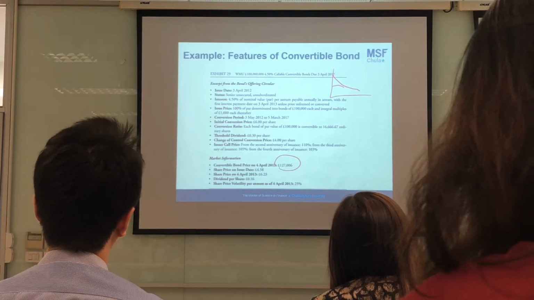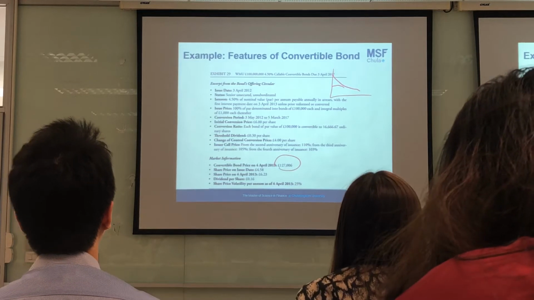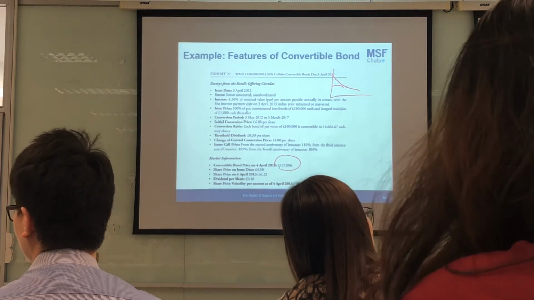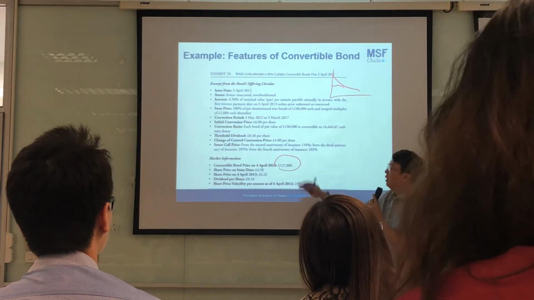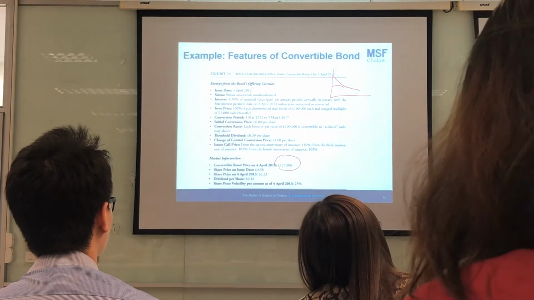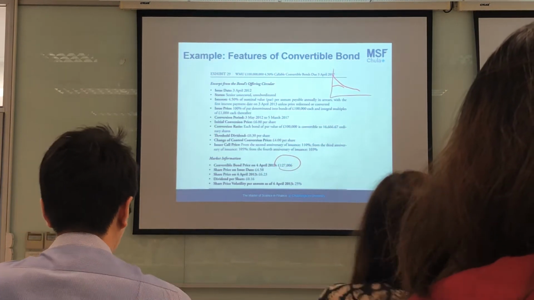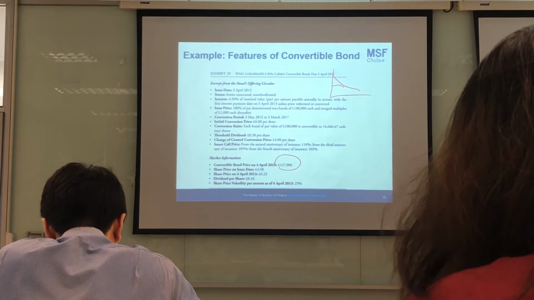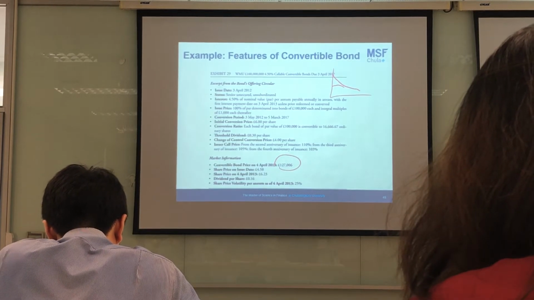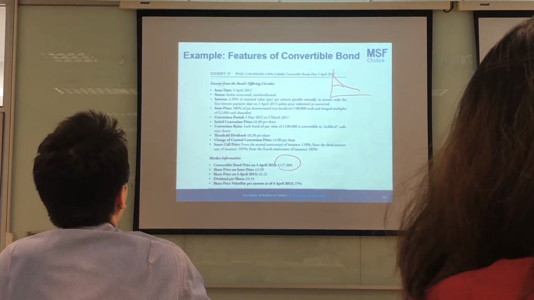For the Black-Scholes, we cannot use the original Black-Scholes formula because Black-Scholes is just for the European, but this one they can exercise any time. So basically, after 1 month, this convertible bondholder can convert into the stock any time. So this is a kind of American option. So Black-Scholes may not be applicable to price this convertible bond.